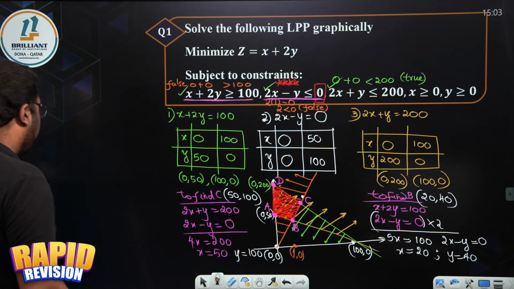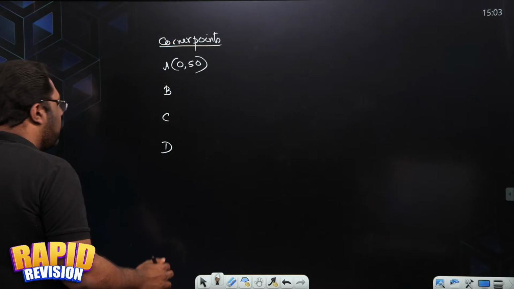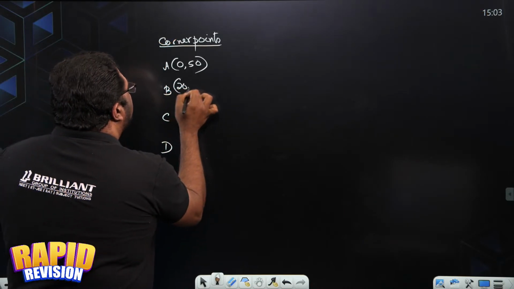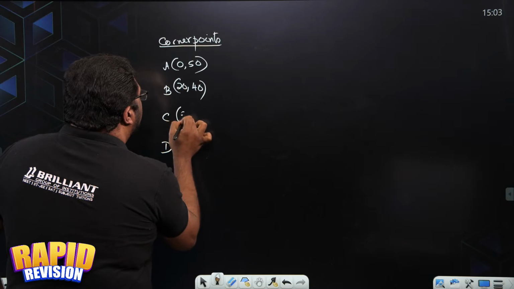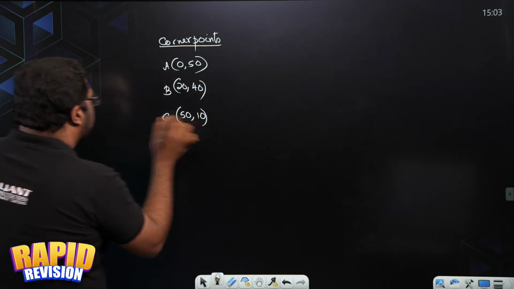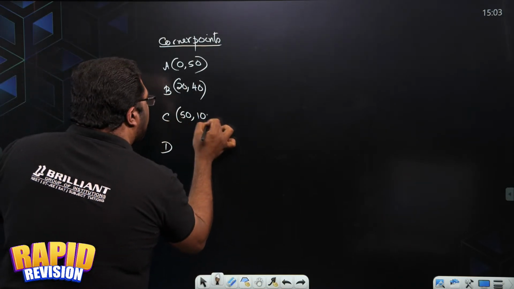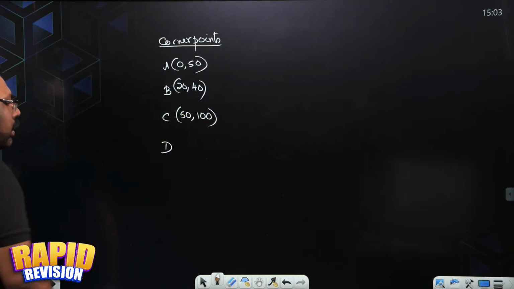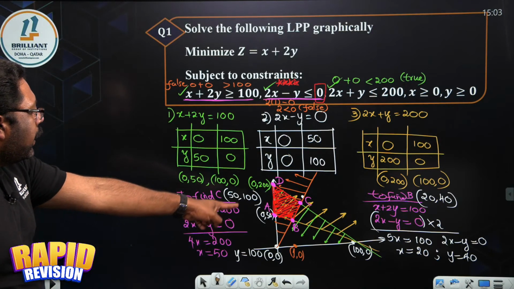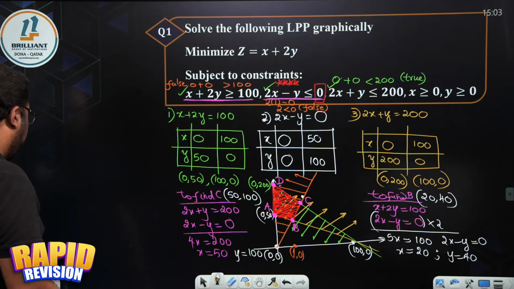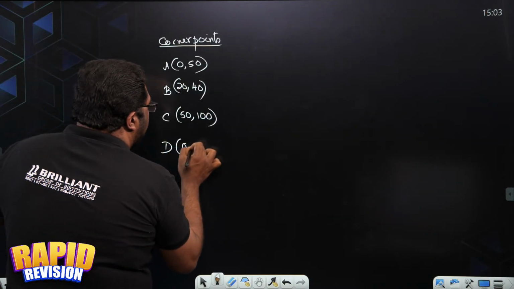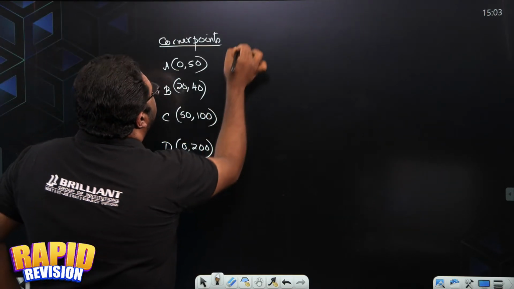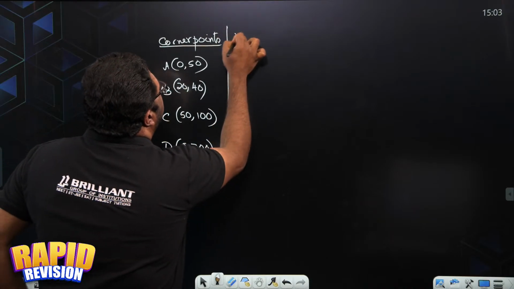C is (50, 100). D was (0, 100). Now substitute that in our objective function.